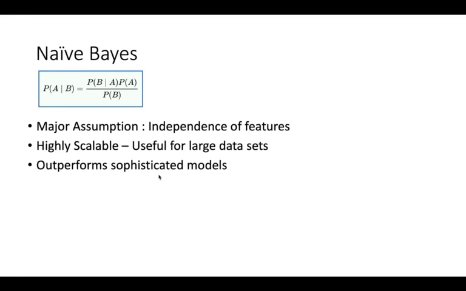If you know the individual probabilities, you can calculate the probability of A happening given that B has already happened, when you know the probability of B happening given A. The major assumption here is independence of features, each feature we are selecting for our machine learning model. The naive Bayes classification technique is highly scalable. It's useful for large data sets since the computations are simple, and surprisingly it outperforms sophisticated models.